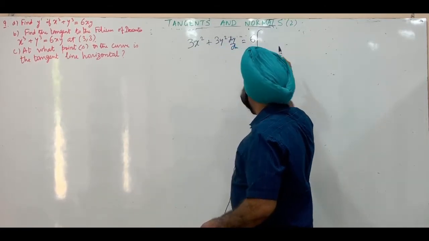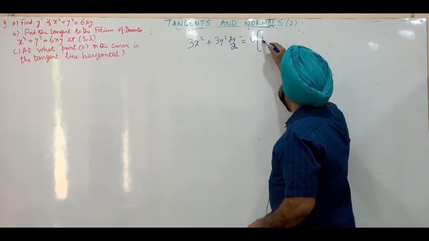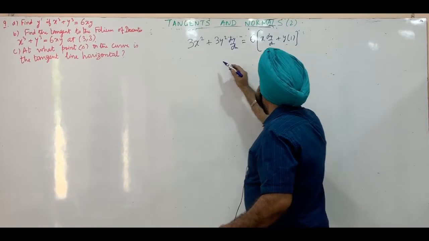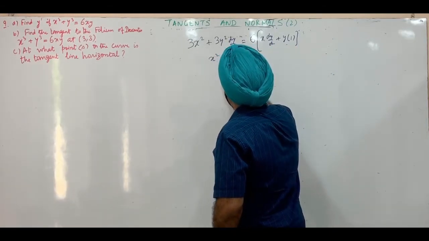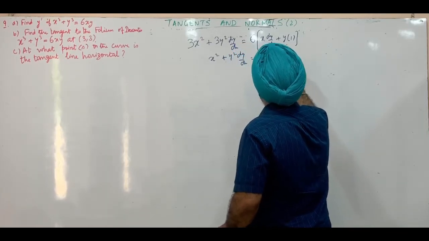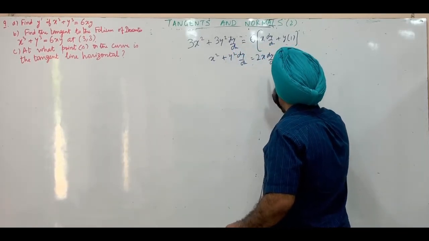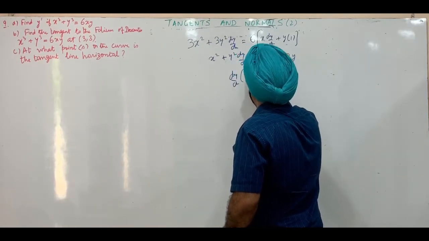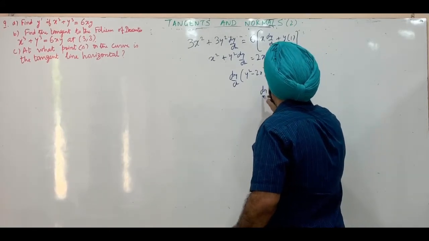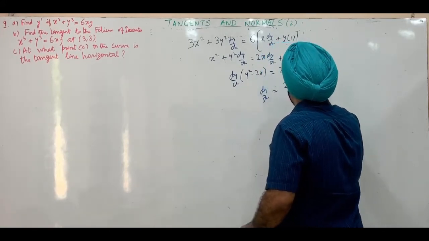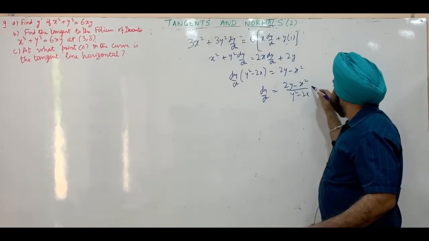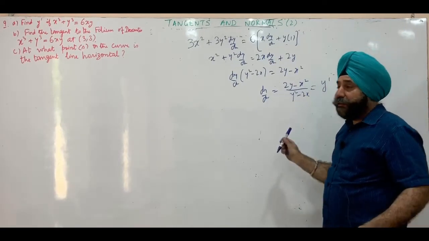This is 6 constant, x into y are in product, x into dy by dx plus y into 1, dividing by 3. This will be 2x dy by dx plus 2y. Taking dy by dx common, this is 2y minus x square, or dy by dx is 2y minus x square divided by y square minus 2x. So this is y dash or dy by dx.